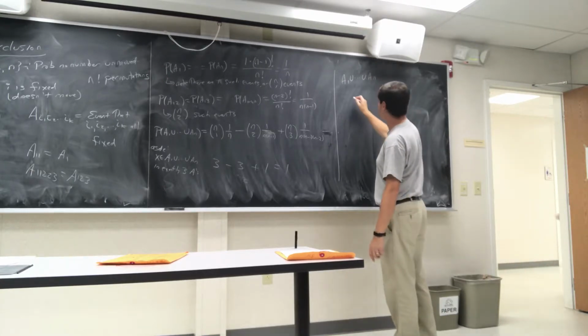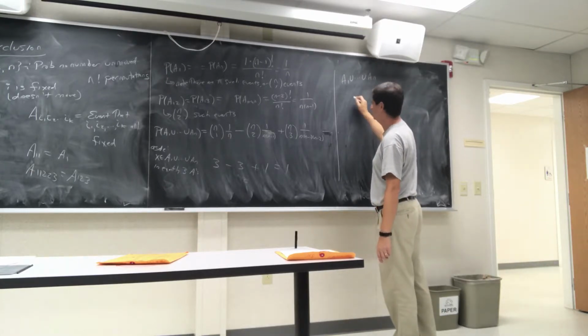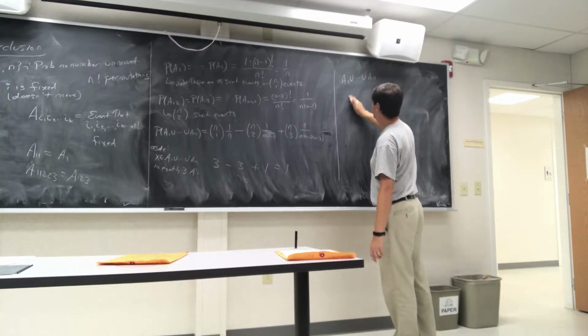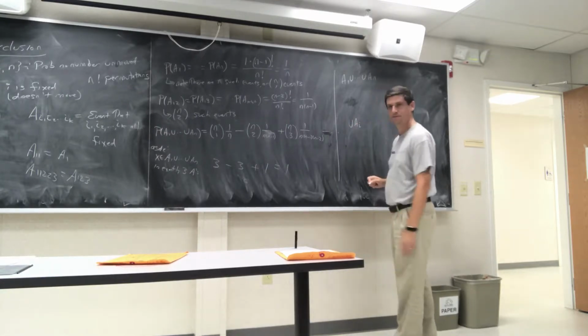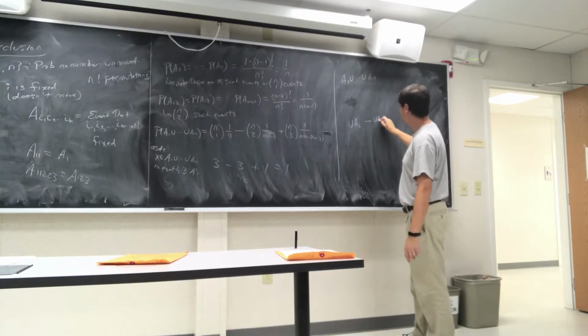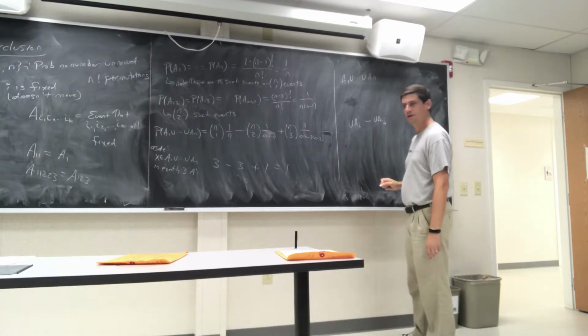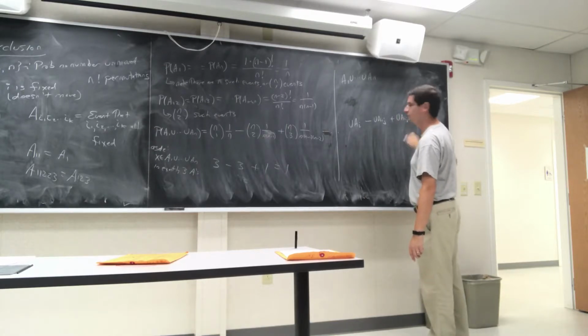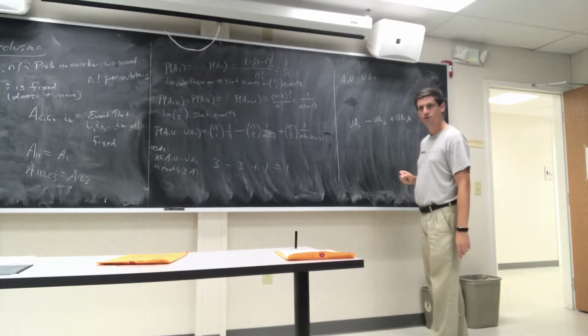And then on this side, we have the union of the AI, and then we'll subtract off the union of the AIJ, and then we'll add back the union of the AIJK, and so on and so on and so on.